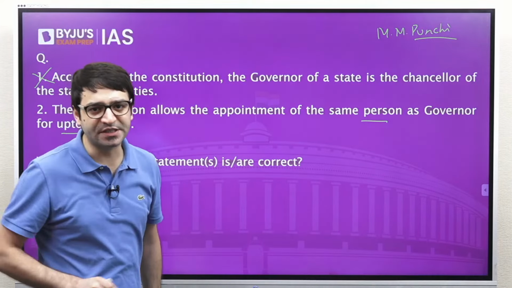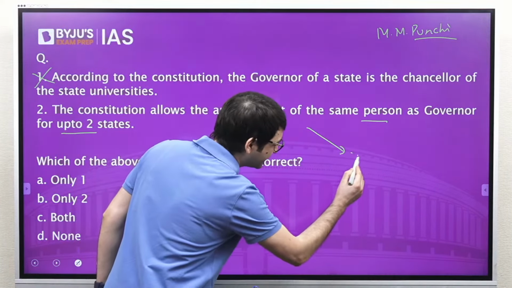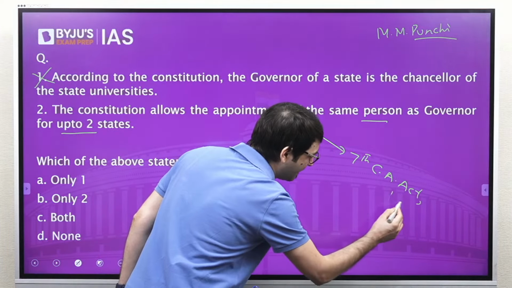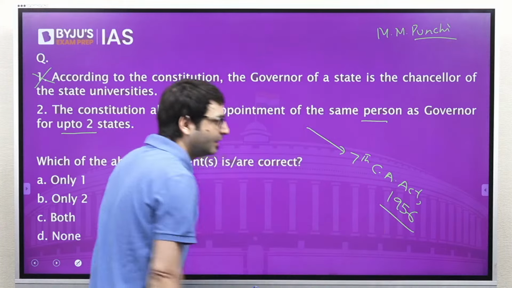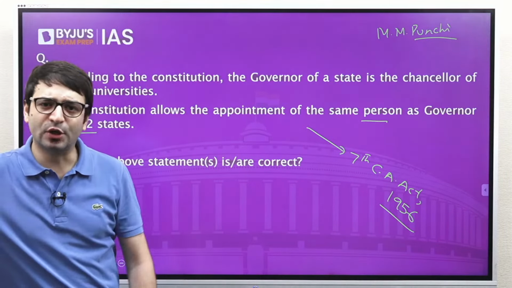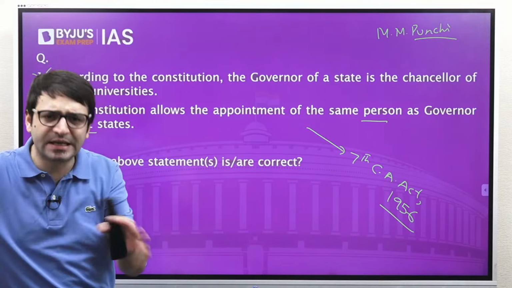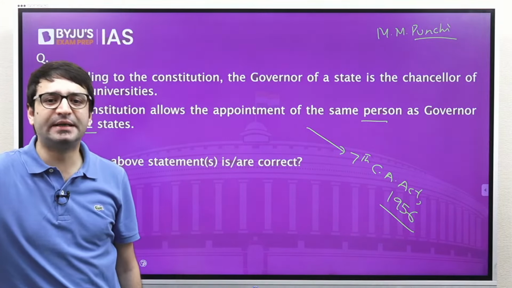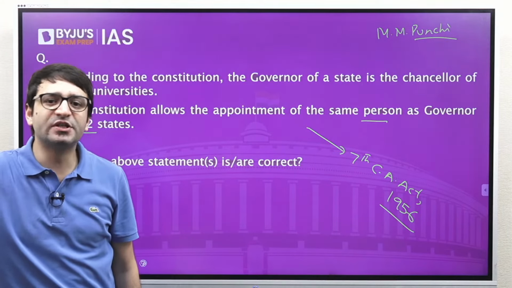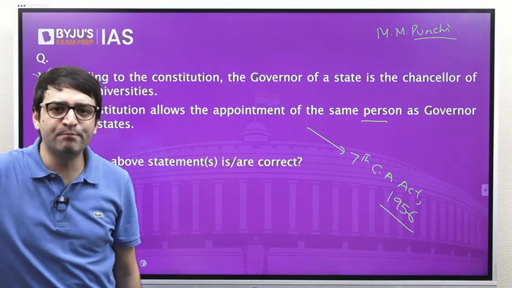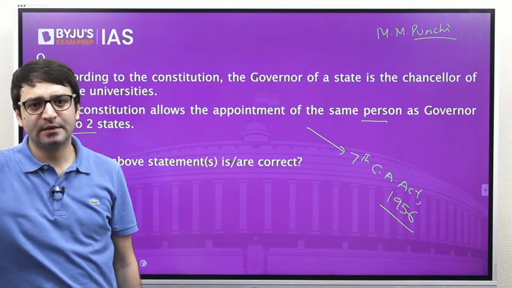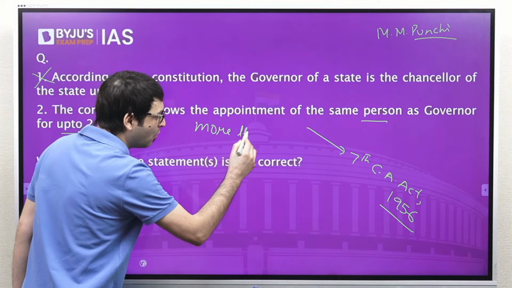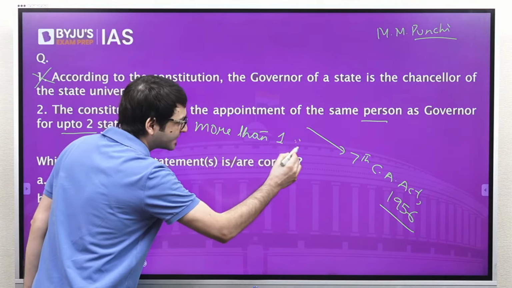The year was 1956, when the 7th Constitutional Amendment Act was passed, because it was in 1956 that the states were reorganized in this country. And it is this Constitutional Amendment Act of 1956 which allows that the same person can be appointed as the governor of more than one state.